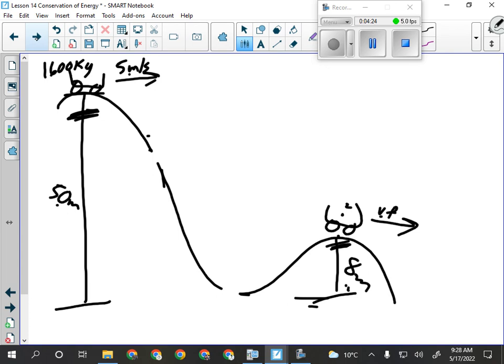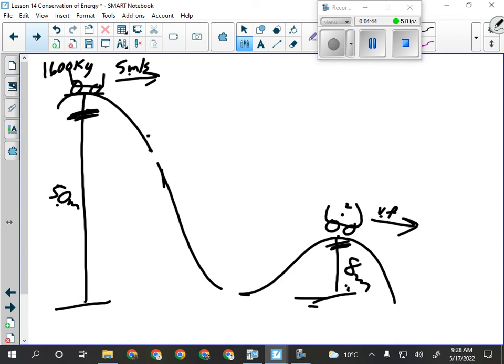I want you to copy down this terrible drawing of a roller coaster. So in this problem, we have a roller coaster with a mass of 1,600 kilograms.